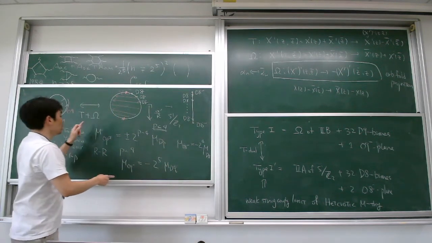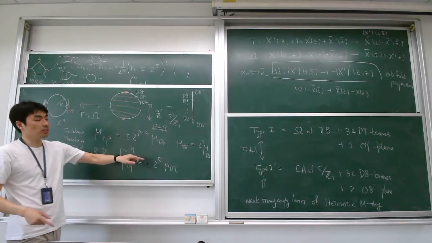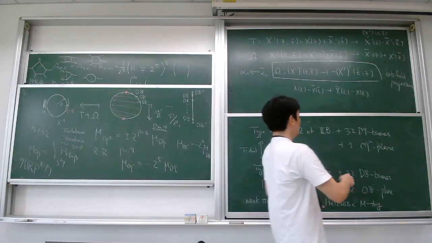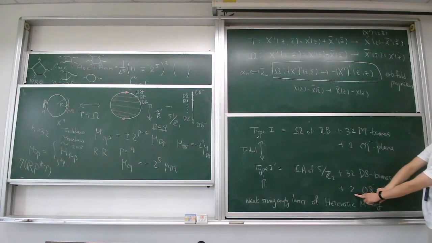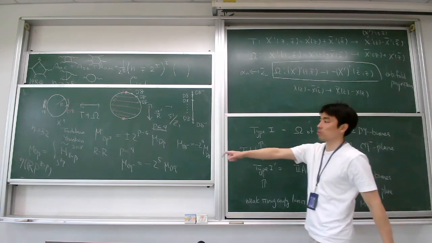And the charge of the O9 plane is split into 2, shared by two O8 planes. That is consistent with this formula.